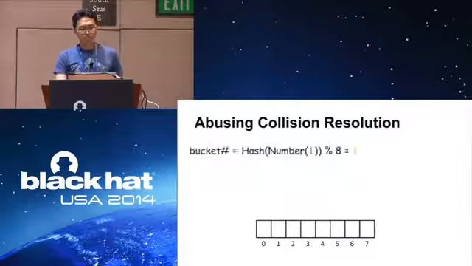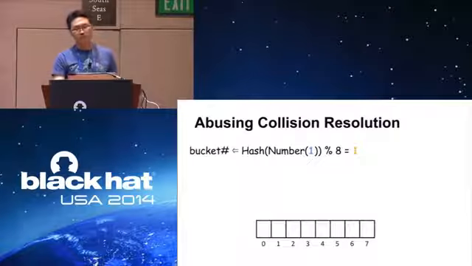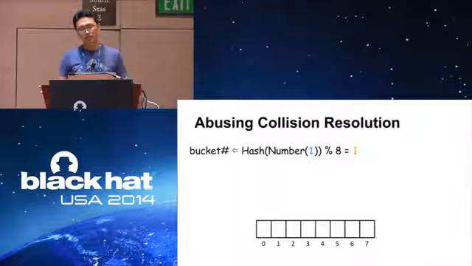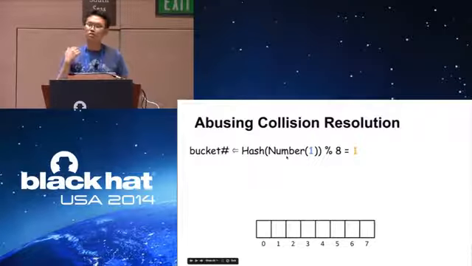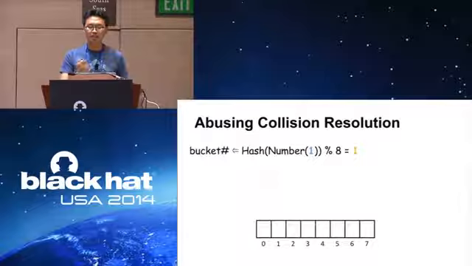So let's say there is a hash table with size 8, and you want to insert this number object. By the way, let me simply assume that the key and the hash for the number object are still the same. Like if you put in 1, then the hash will still be 1.